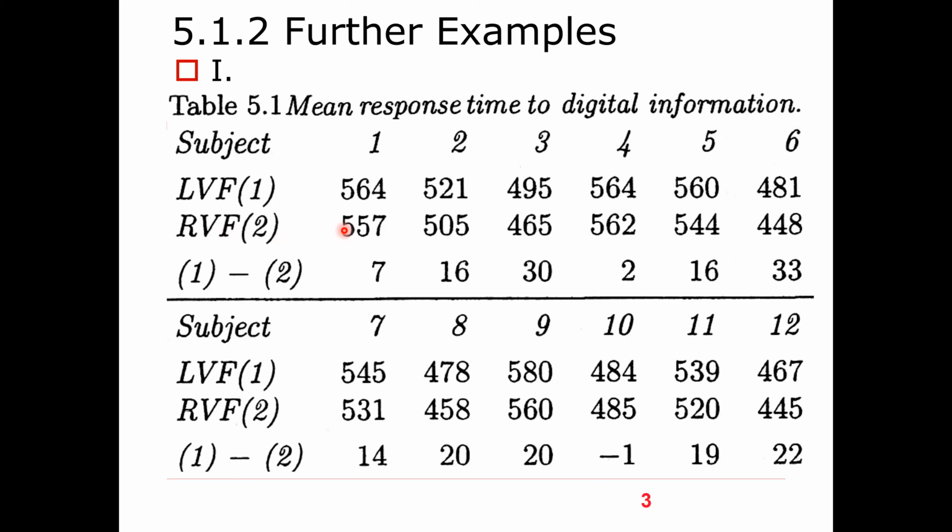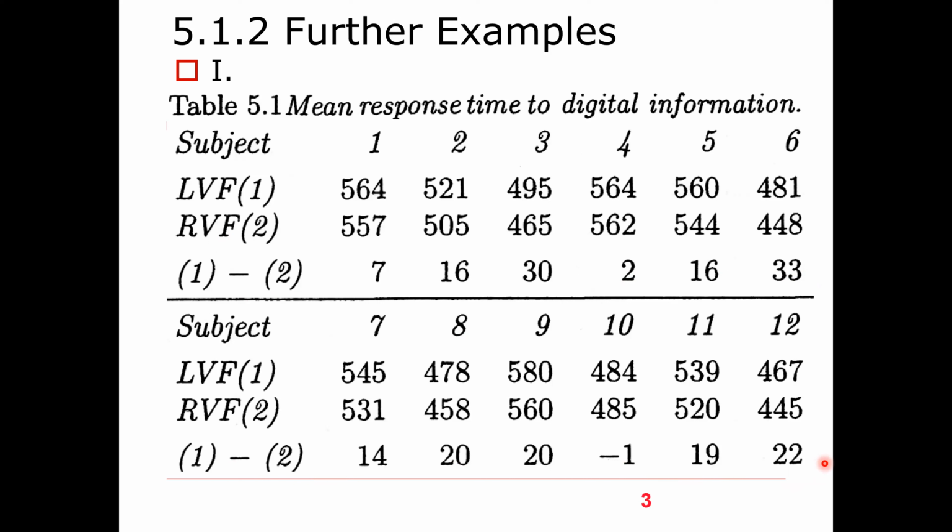We pair these two data sets, the LVF for 12 people and RVF for 12 people. We also use each person's LVF, I think the unit is milliseconds, to subtract his or her RVF response time to get a third sample here. This 1 minus 2 sample is just the differences between each person's left and right response time.